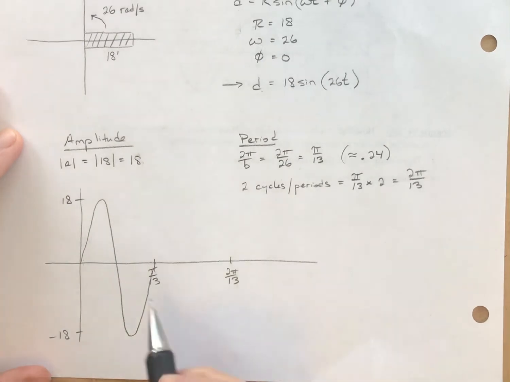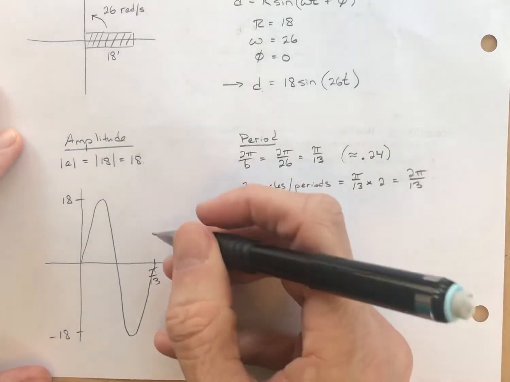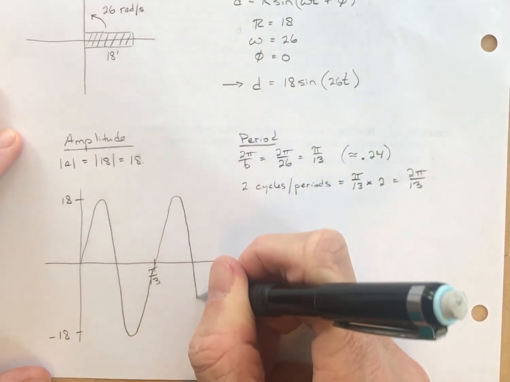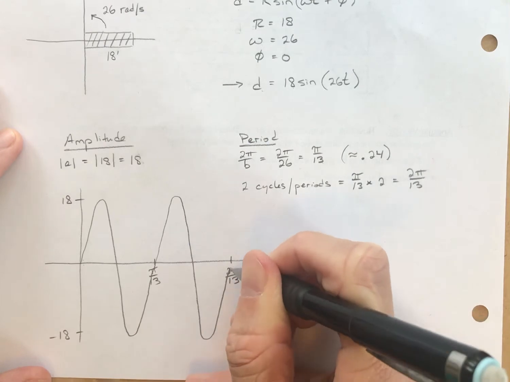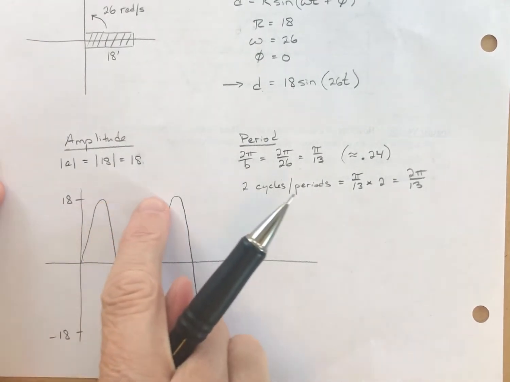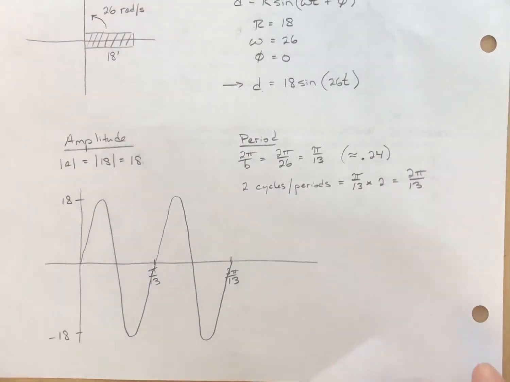There's one period taking place in a pi over 13 distance. And then I'll go up, I'll come down, and there are two cycles. I'm pretty close for hand drawn. Two cycles of this function.